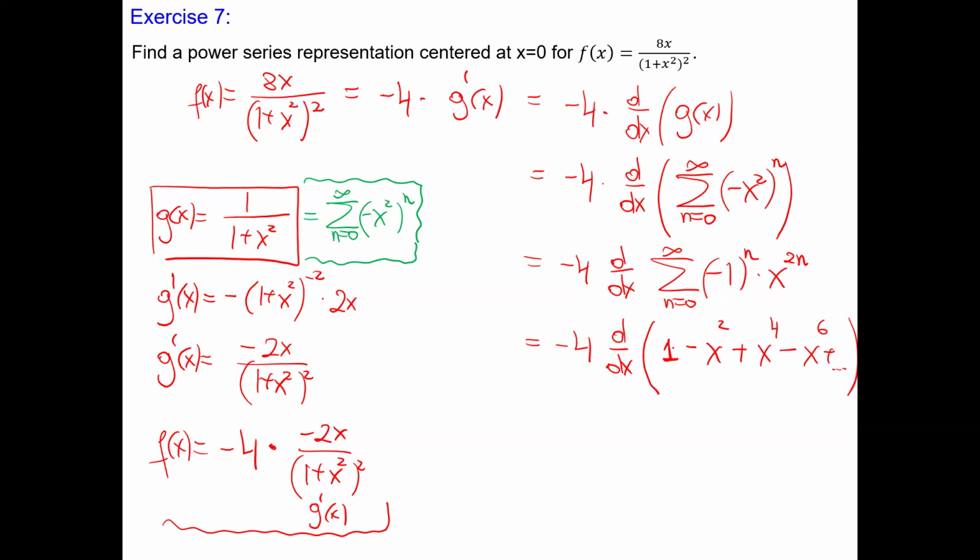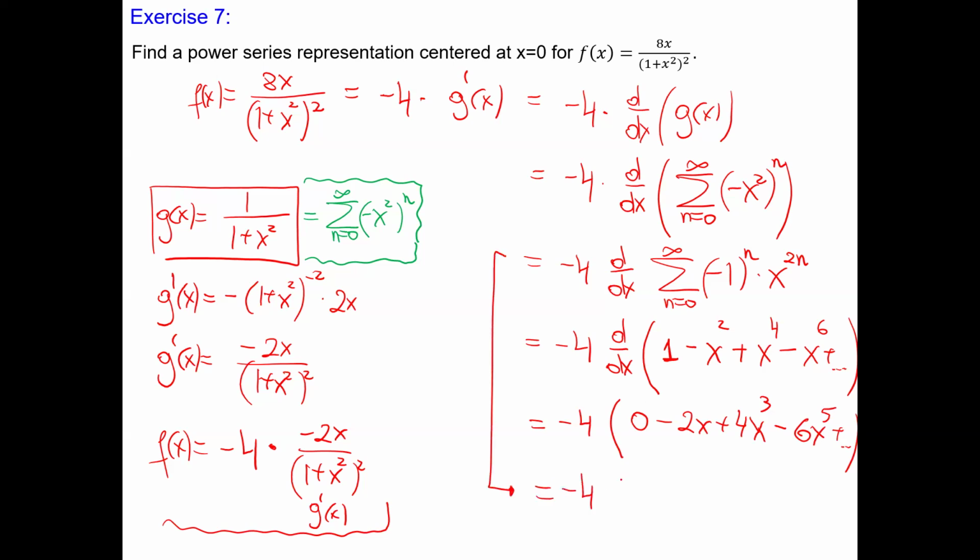The first term is constant; the derivative of the constant is 0, so we're losing the first term. We will have negative, and then 0 minus 2x plus 4x cubed minus 6x to the power of 5, and so on.